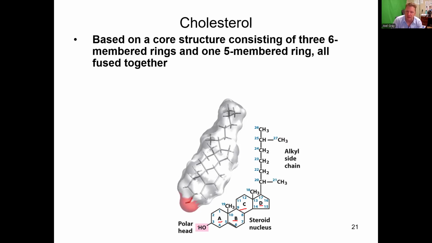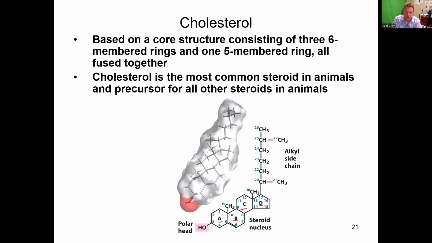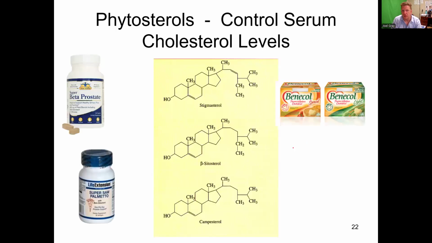Then you're going to have some modifications either in your head group or this alkyl side chain. Cholesterol is the most common steroid in animals and the precursor for all other steroids in animals. Plants do not produce cholesterol, they produce phytosterols. So they produce sterols, but they are not cholesterol in the same way that we make cholesterol.